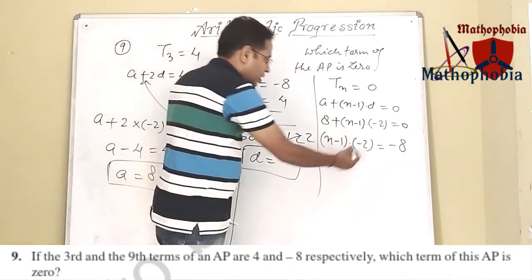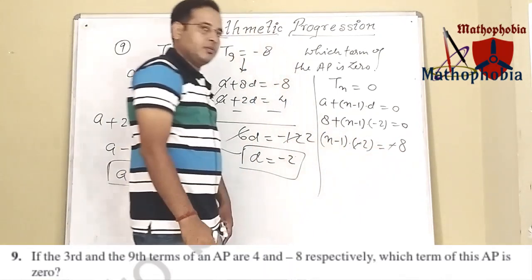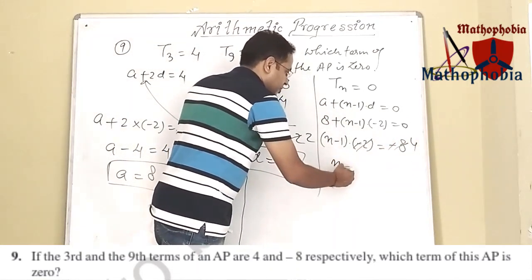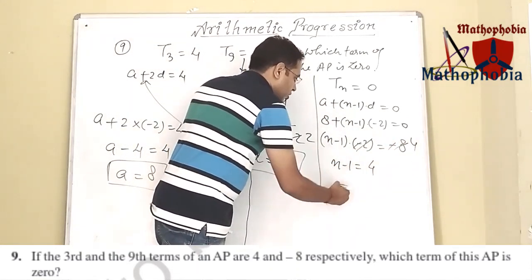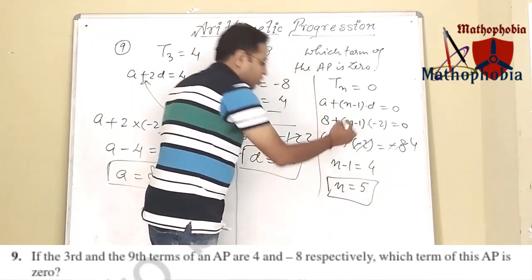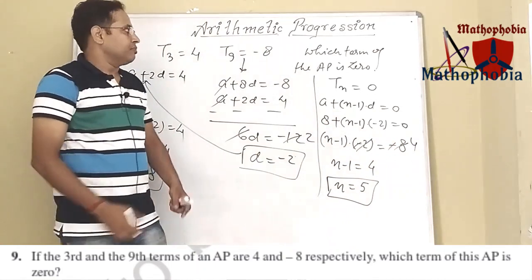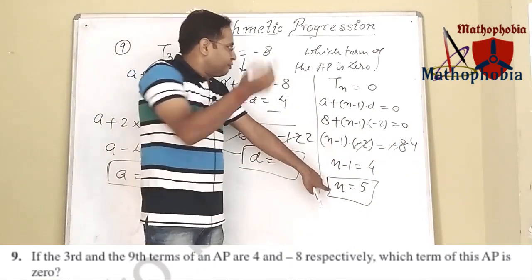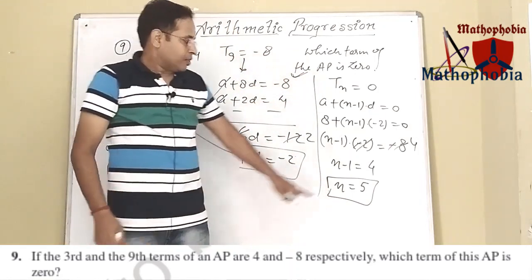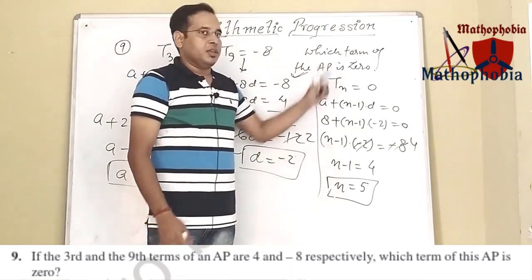This much you have understood? -2 and -2 cancel out. Then 2 4s are 8. You'll get n minus 1 is equals to 4 or n is equals to 5. So we have got the value of n as 5. Therefore, the fifth term of this AP is 0. What will be the answer? The fifth term of this AP is 0.